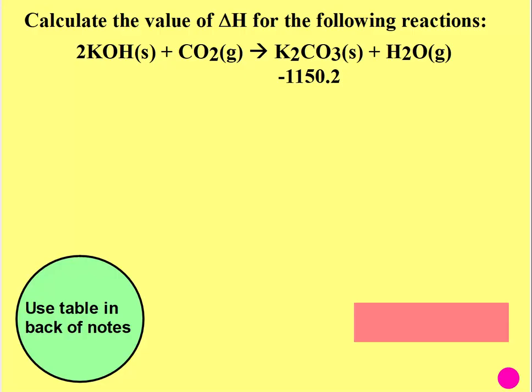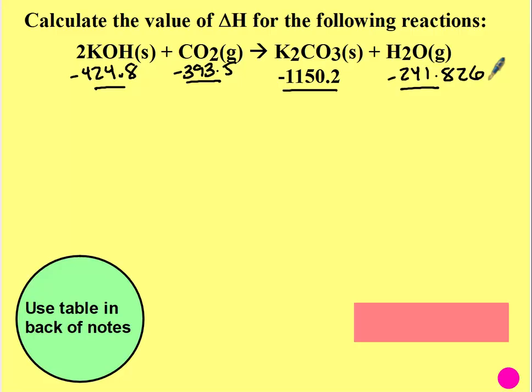On here, potassium carbonate wasn't on your chart, so I went ahead and gave you that one, but go ahead and fill out these other three. Restart when you have those. Okay, these are your values, so go ahead and pause the video and calculate your delta H of the reaction at this point.